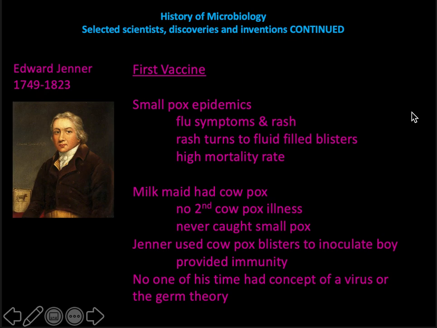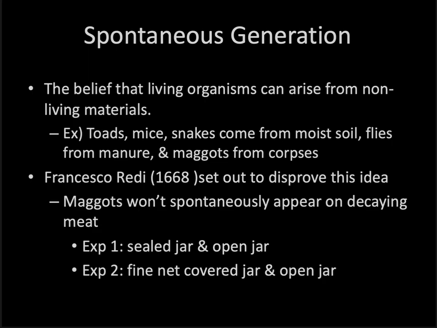Okay, so great example of the power of observation. It's morally wrong how he conducted his experiments, but he got lucky. He had great success. All right, so I'm going to stop this video here and let there be a third video to finish the history of microbiology.